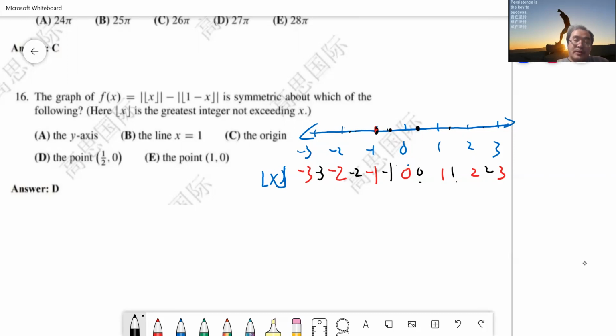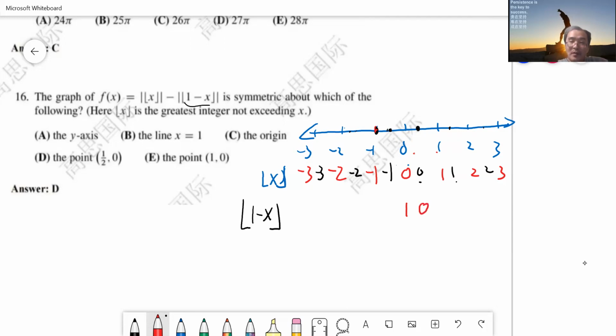All right, so now we're going to look at this part, 1 minus x. Let's just do this. If I have 0, 1 minus 0 is 1, then flooring, that's still 1, right? For a number between 0 and 1, suppose 0.5. 1 minus 0.5 is 0.5, your flooring, which is 0.